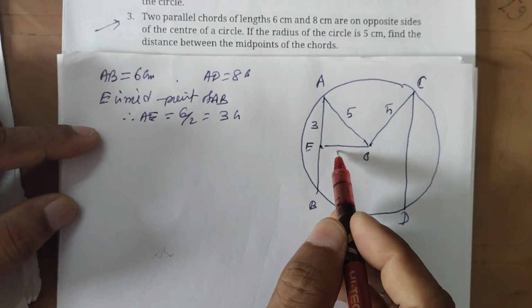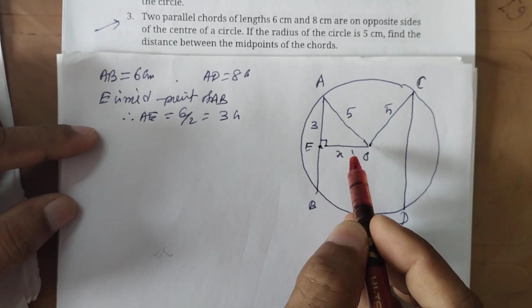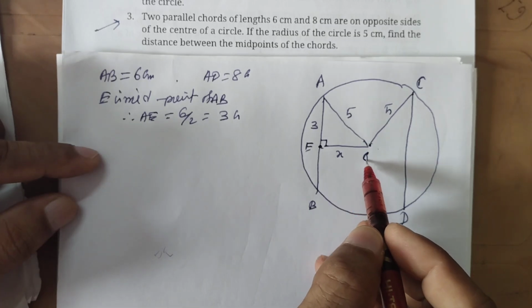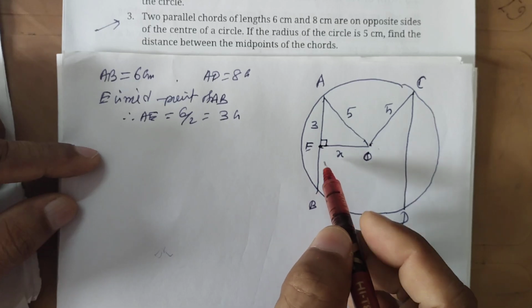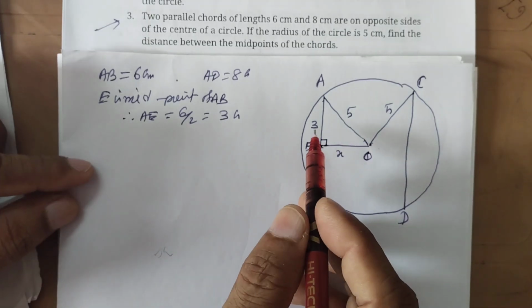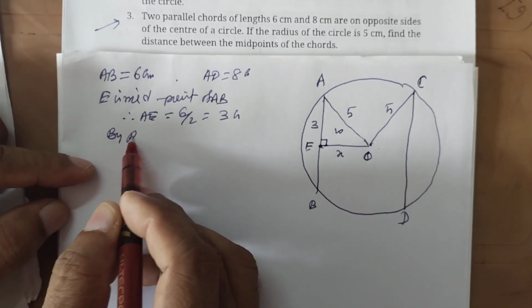And this distance I don't know, let it be x. It is given perpendicular. Midpoint, we have done a theorem: a line segment joining the center to the midpoint of a chord is perpendicular to the chord. So in this triangle you can use the Pythagoras theorem.